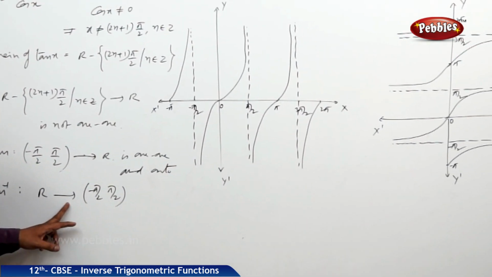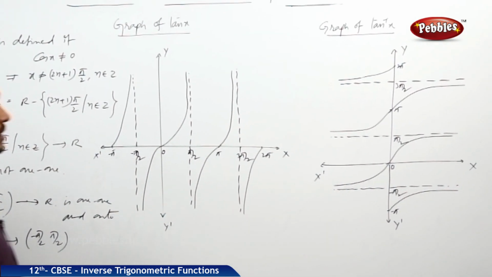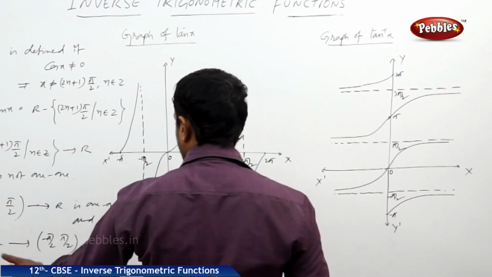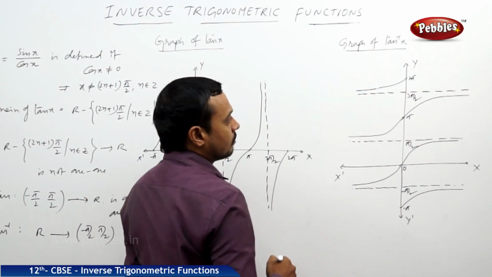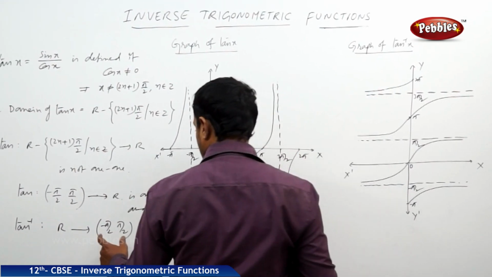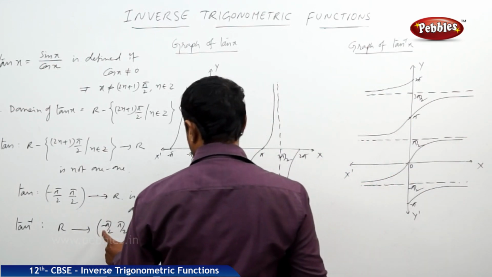So now this is the inverse of tan x, and the graph of the inverse of tan x, or arctan, is given here. Now here the domain is R, the set of real numbers from minus infinity to plus infinity.